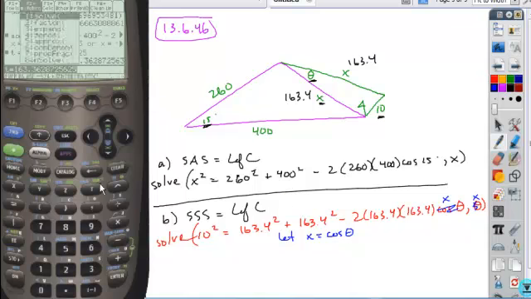So as I enter this, I use the F2 algebra tab, choose solve. I get 10 squared is equal to, and I'm just going to say t squared plus t squared minus 2 times t times x.